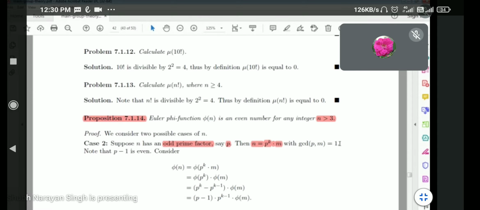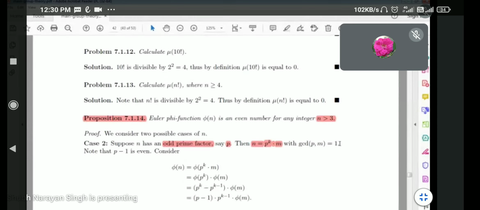Then because p is an odd prime factor, p minus 1 is an even number. Like if p is equal to 5, then p minus 1 is equal to 4. If p is equal to 7, then p minus 1 is equal to 6, which is even. So if p is an odd prime, then p minus 1 is an even number.